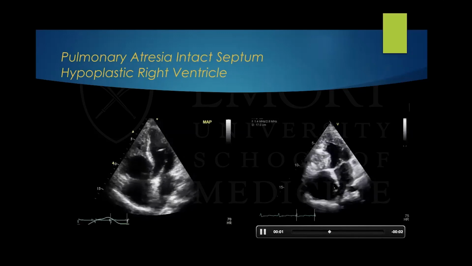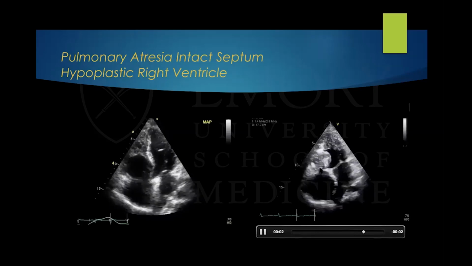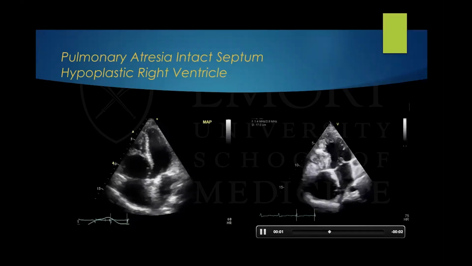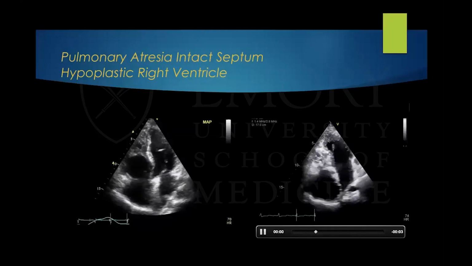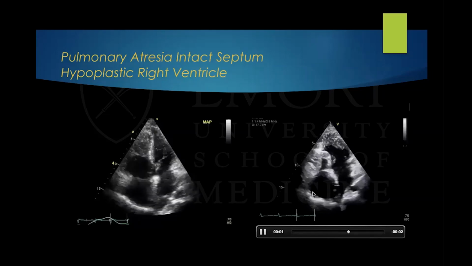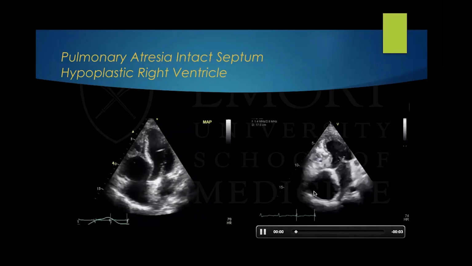Then you see this very large right atrium, but the question is how the pulmonary artery is getting blood flow. The blood will come from the IVC and SVC entering this big right atrium, and the right atrium is then connected to the pulmonary artery, and that is the Fontan procedure.